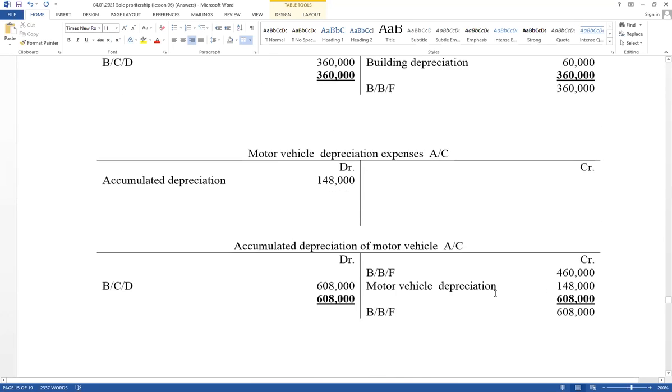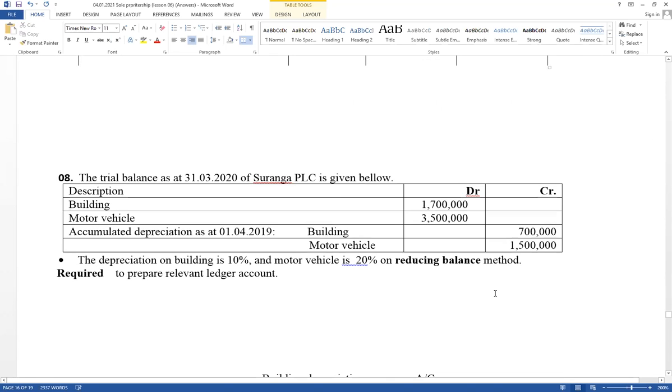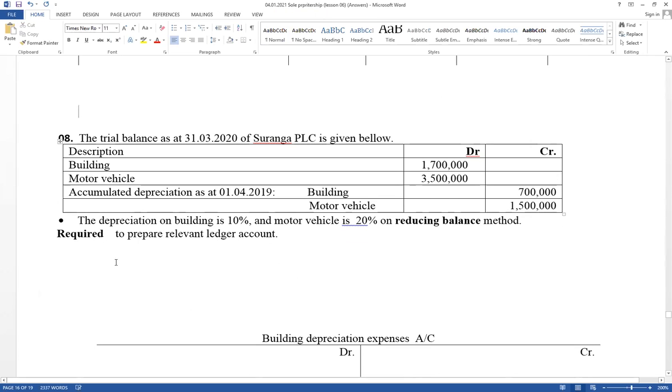Now try to answer the next one. Question number 8 also gives the reducing balance method. Try it: calculate annual depreciation, and they also ask for the relevant ledger accounts. First calculate depreciation; after that, the ledger accounts can be prepared.